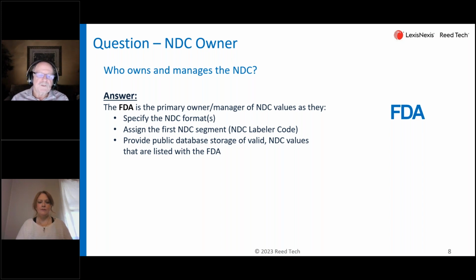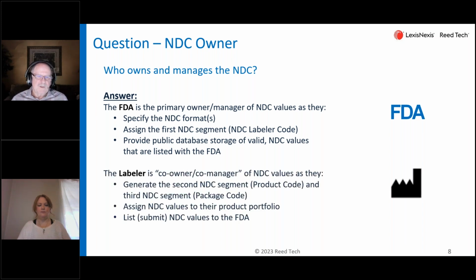They make a lot of the information publicly available in a number of databases. So they do keep an eye and check on those particular values, make sure they come in and that they're valid. Now, all that said, there's an argument that would say the labeler is a co-owner and a co-manager.